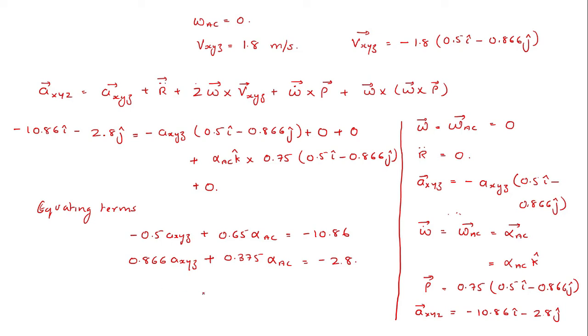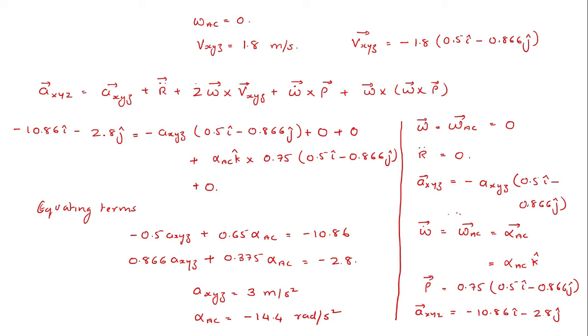So solving, you will get Axyz is equal to 3 meter per second square and alpha AC is equal to minus 14.4 radians per second square.